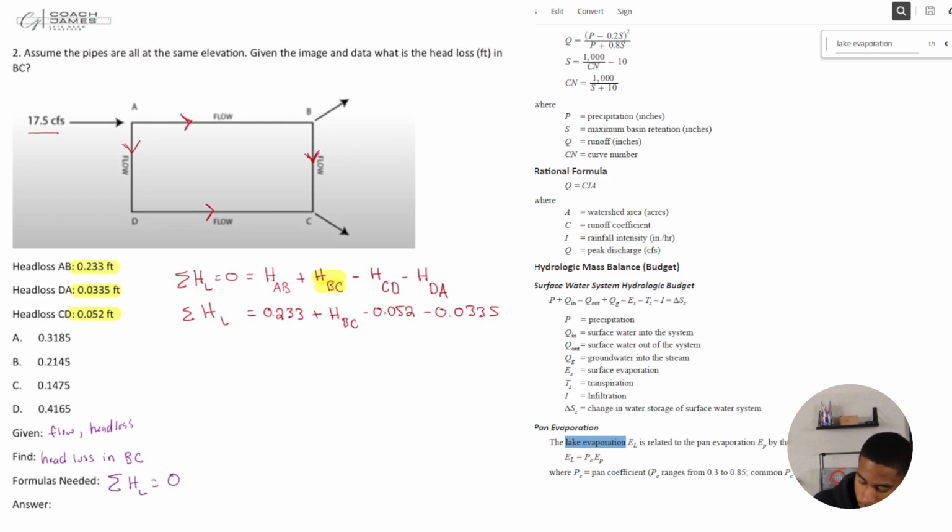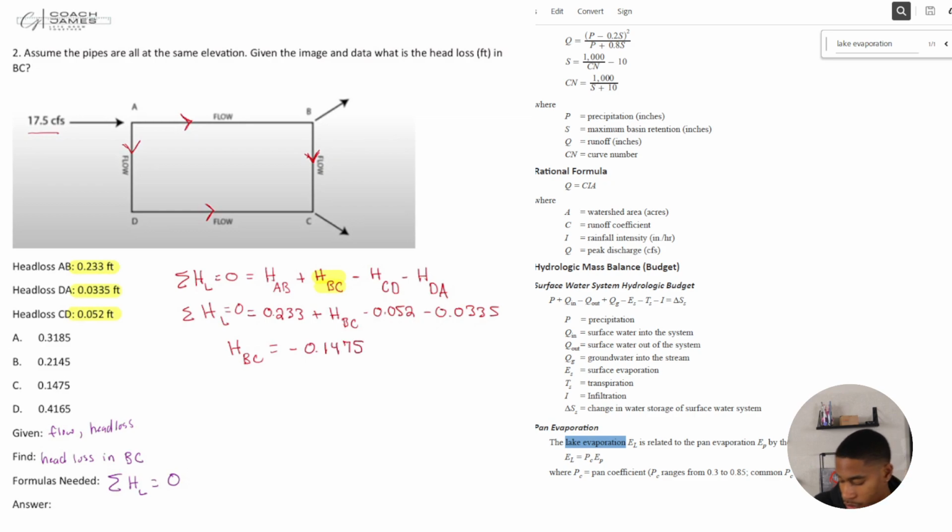Yep. So H of BC, once I bring it to the other side, I get it to be negative 0.1475.